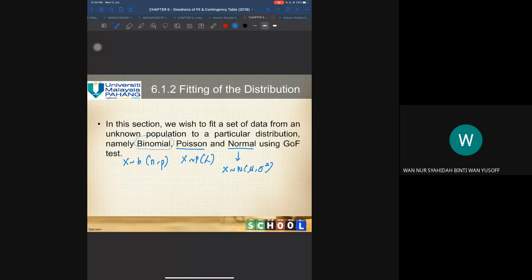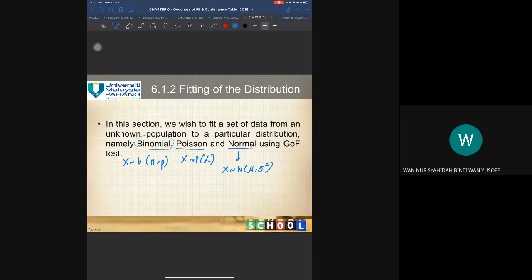Categorical data just now is very simple, because it is just a percentage or ratio or number of category. But for this subtopic, how you find the probability, which formula you need to use, depends on what distribution you have: binomial, Poisson or normal.